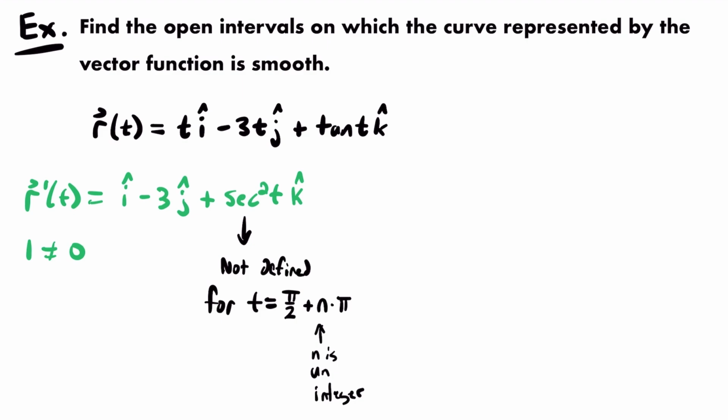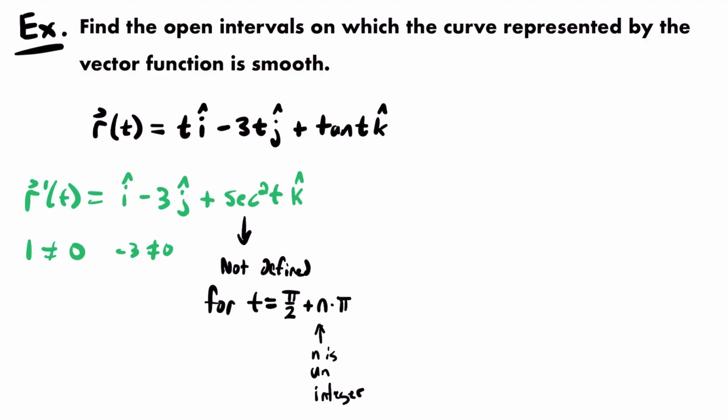And for the y component, we have negative 3, and negative 3 is not equal to 0. So the x and y components of our derivative vector are never equal to 0, so it's impossible for the entire vector to be the 0 vector. You will never have 3 components that are all 0. So we really don't even need to check the z component.